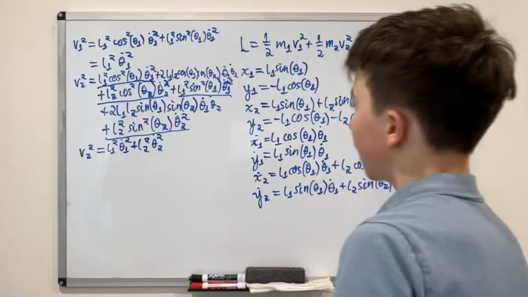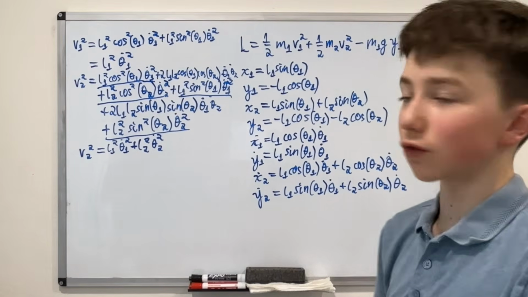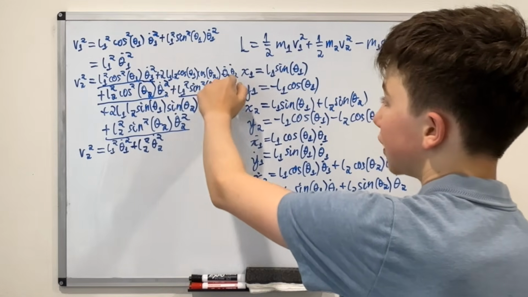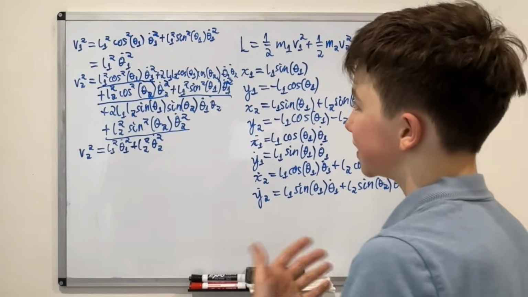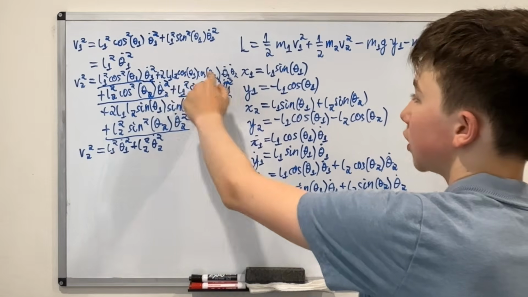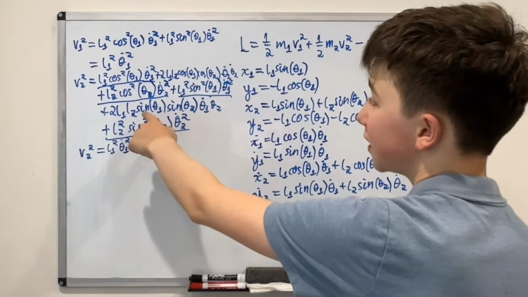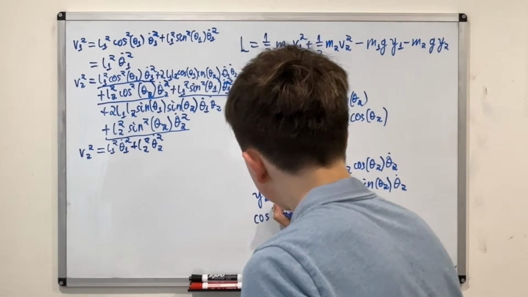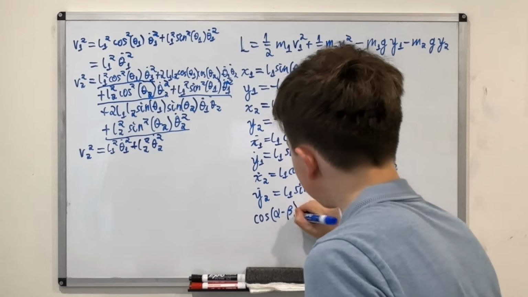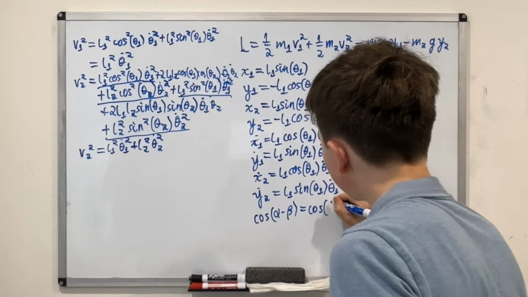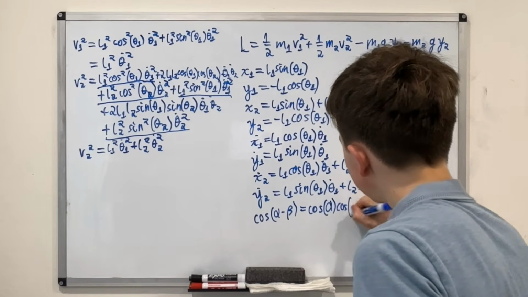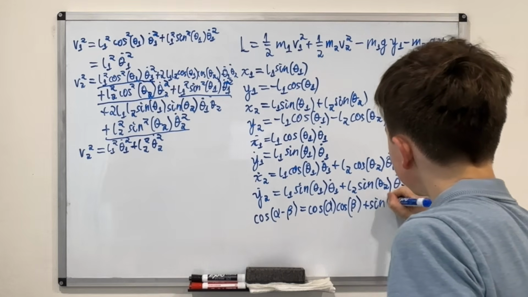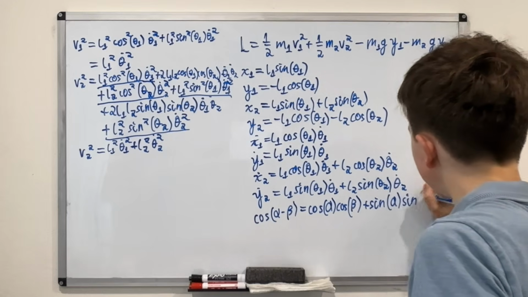Then finally, for these ones, we can also perform a nice simplification. So we can factor out 2L1 L2 theta 1 dot theta 2 dot. Then inside the parentheses, we're going to have cosine theta 1 cosine theta 2 plus sine theta 1 sine theta 2. So of course, we know that cosine of alpha minus beta equals cosine alpha cosine beta plus sine alpha sine beta.